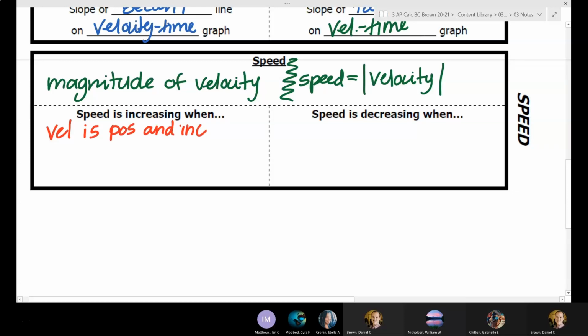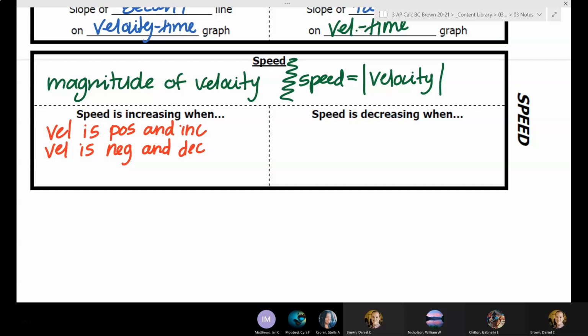It can also be speeding up when velocity is negative and decreasing. That last one seems a little weird to some people because they're like, how is negative and decreasing speeding up? But you have to remember that a negative velocity just means you're moving backwards or downwards. So if it's decreasing and negative, you're just moving faster and faster in the backwards direction.